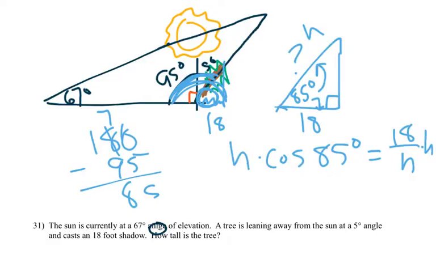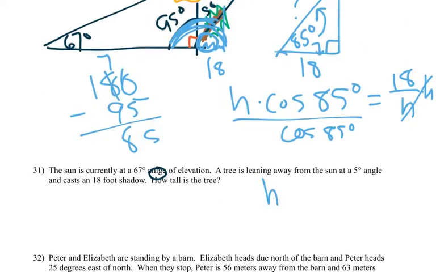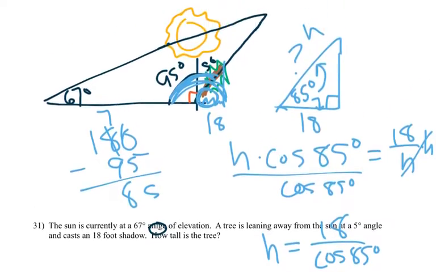Times both sides by the hypotenuse, then divide by the cosine of 85 degrees, and we get our hypotenuse equals 18 divided by the cosine of 85 degrees. So we then put that into our calculator, and we'd get 206.527.